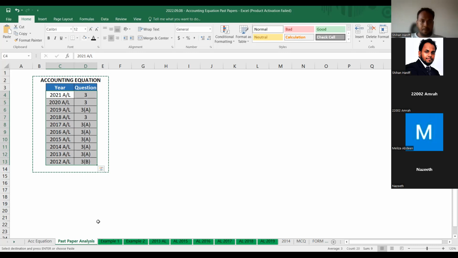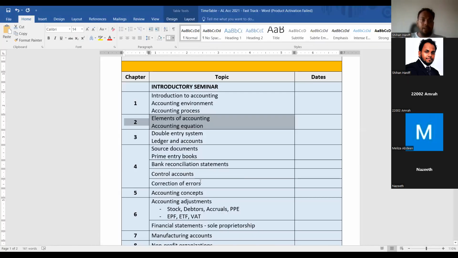And another thing you need to understand is that in the past papers, the exam papers, they don't just ask the accounting equation. They might give some other chapters in between the accounting equation question.